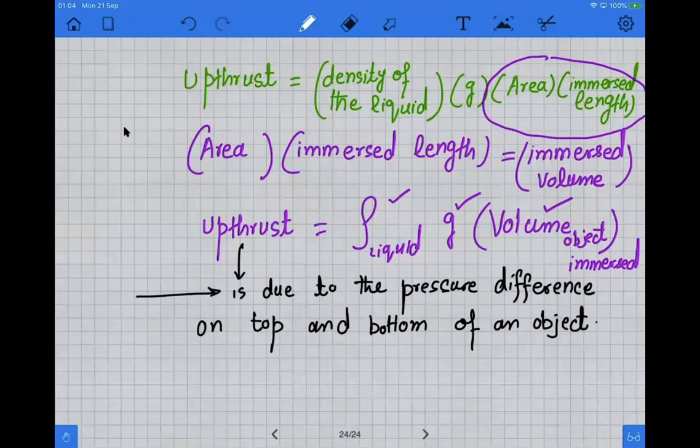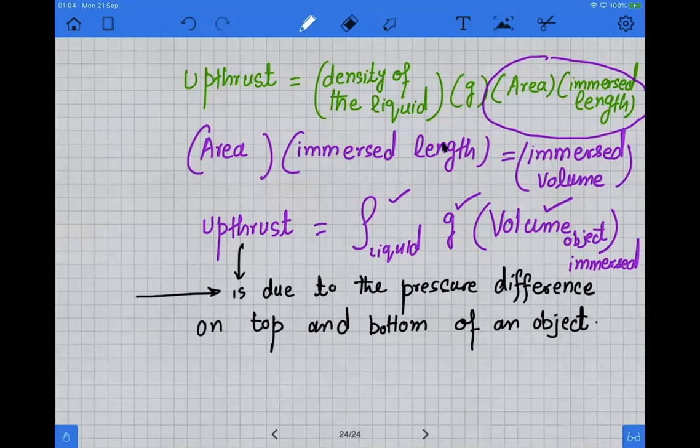So upthrust is due to pressure difference on the top and the bottom of an object, and it is an upward force that tries to bring out the object from the liquid. And its formula is the multiple of density of liquid, acceleration due to gravity, and the volume of the object immersed in the liquid.